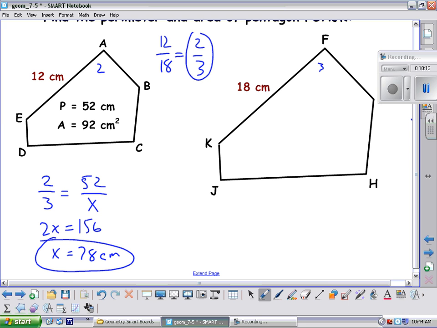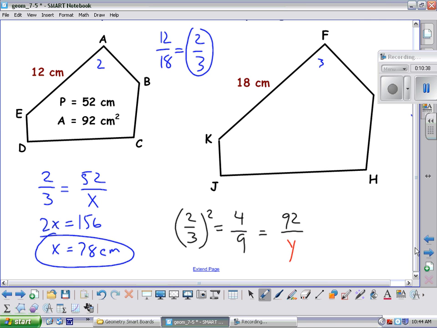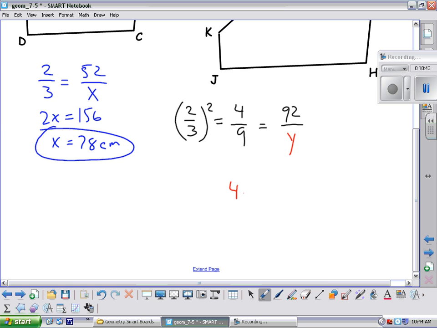All right, and then let's keep moving with this guy and do the area the same way. So 2 over 3 quantity squared is 4 over 9. All right, so 4 over 9 is as 92 is to my unknown. Let's just change it up and call that y. So 4y equals 9 times 92, a grand total of 828.